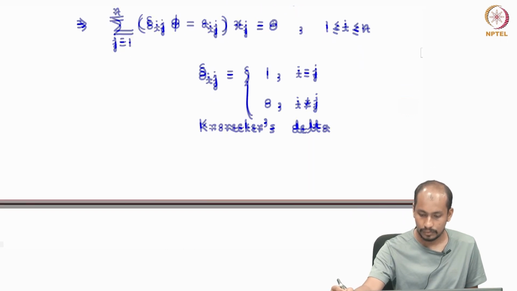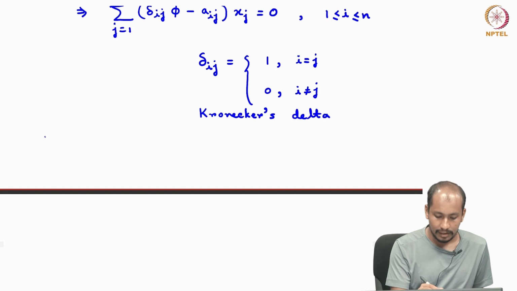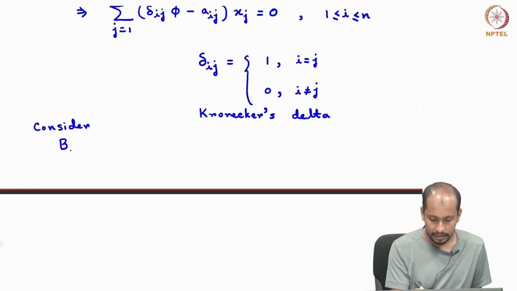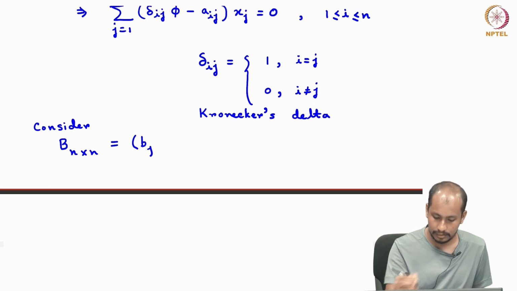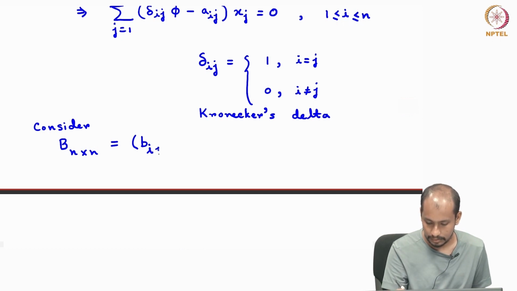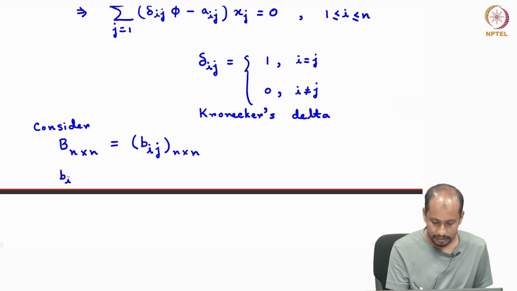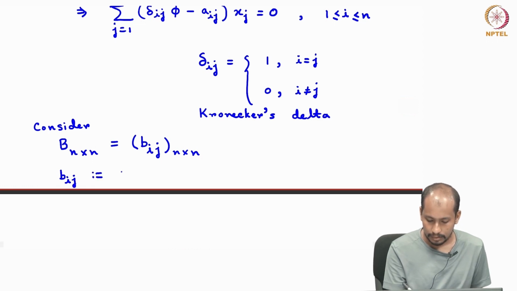Now let us consider an n cross n matrix whose ijth entries are bij, where these bij's are nothing but delta ij phi minus aij.